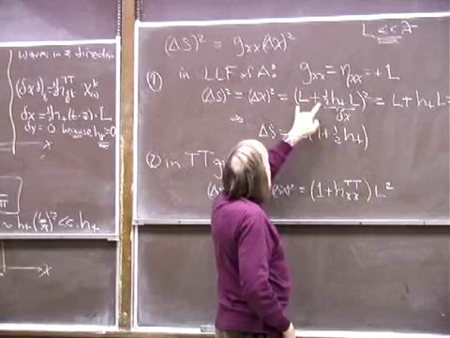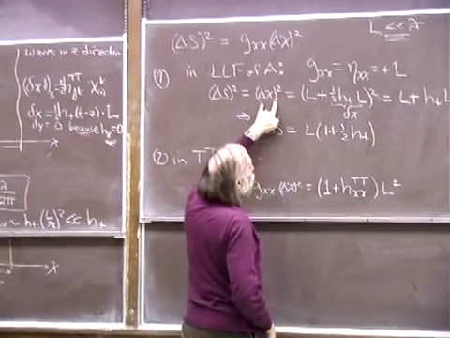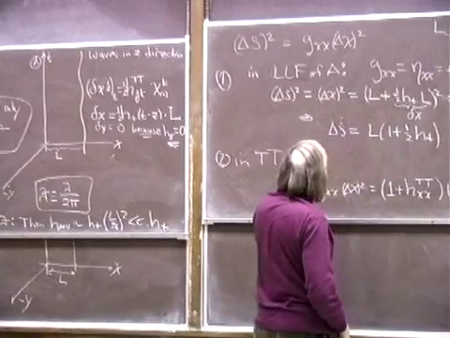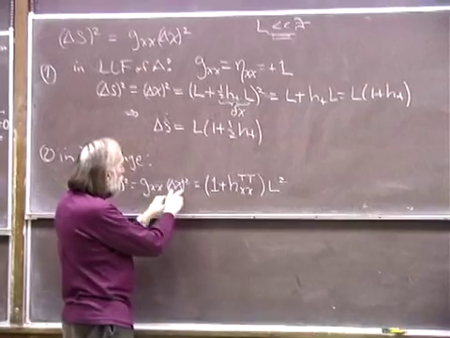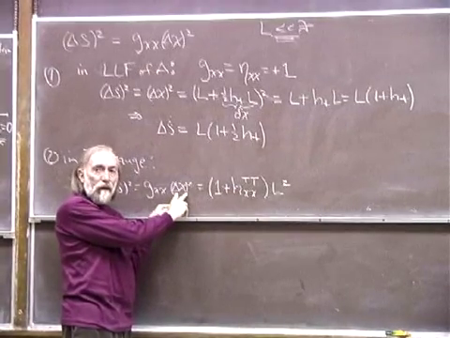In TT gauge, the metric wiggles, but the particles remain at rest in the coordinate system.